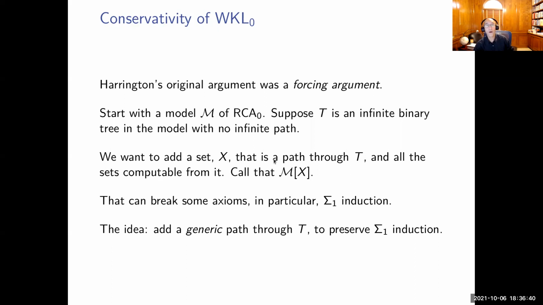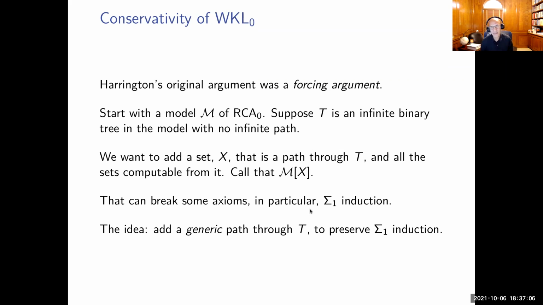You want a model of RCA0, so if you throw in X, you want to throw in all the sets that are computable from it in the sense of the model. The problem is that can break some of the axioms. In particular, now you have Sigma_1 formulas that can refer to that new object you added, and there's no reason to think that Sigma_1 induction will still hold.